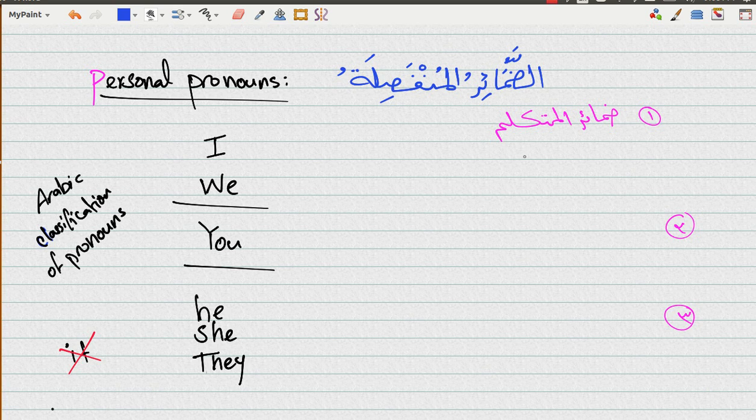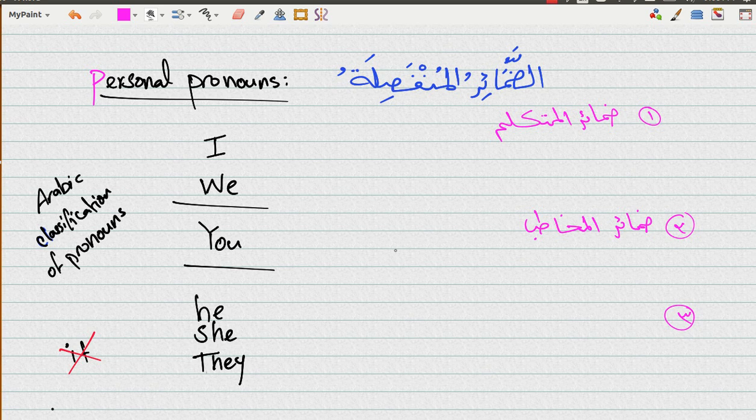So basically I or we. And then we have ضمائر المخاطب, which means pronouns for the person who is being spoken to.